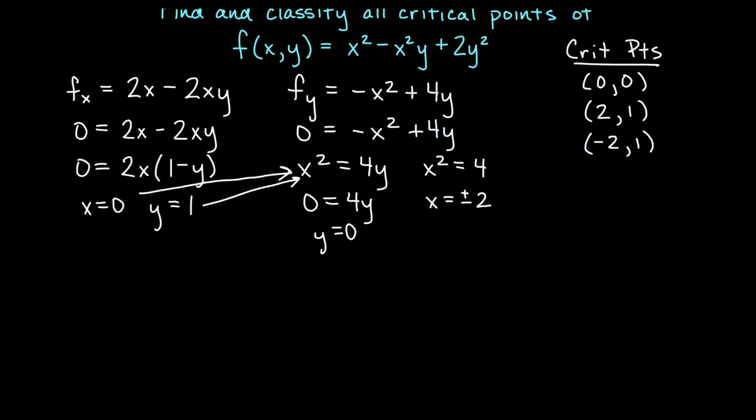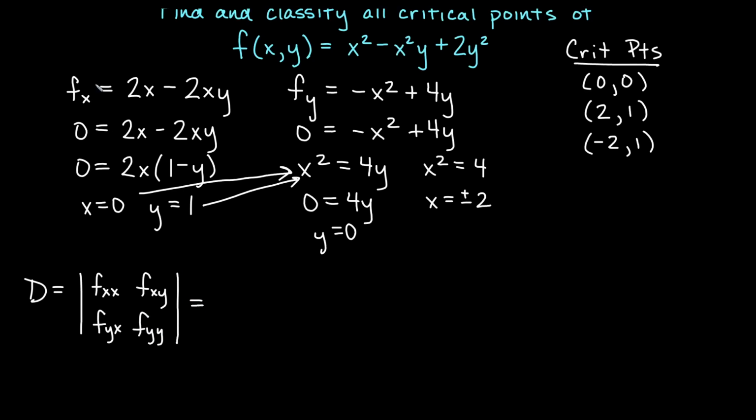Now we'll use our second derivative test to determine what they are. So let's go back and find D. D is going to be our determinant with the second partial derivatives. So we'll have fxx, fxy, fyx, and fyy, and we'll take the determinant of that matrix.